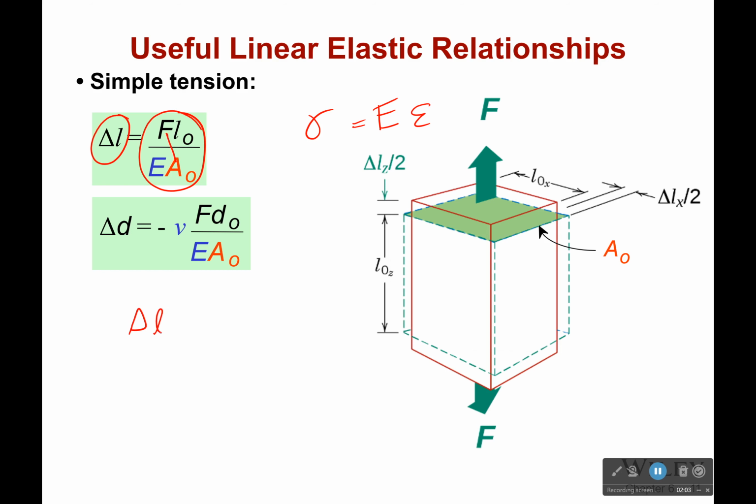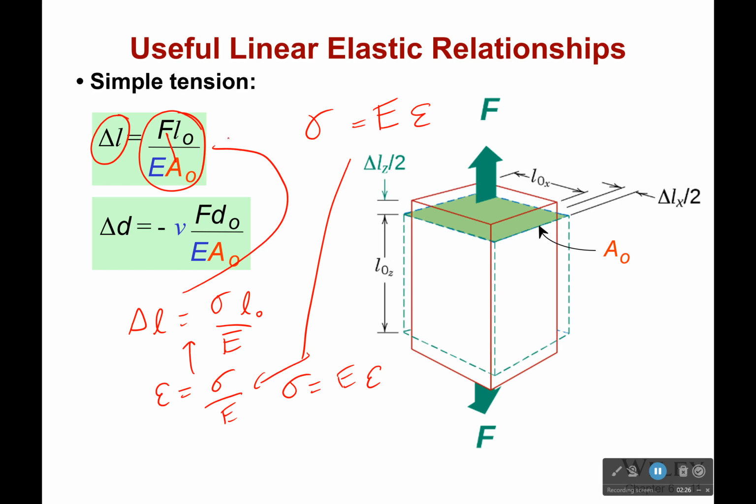So delta L is equal to stress times L naught over modulus of elasticity. Second thing you know is that delta L over L naught is equal to strain. And if I rearrange a little bit, I get stress is equal to modulus of elasticity times strain. So this is just taking a few steps to get us an equation that's easy to use, rather than having to realize all those equations and plug them together.